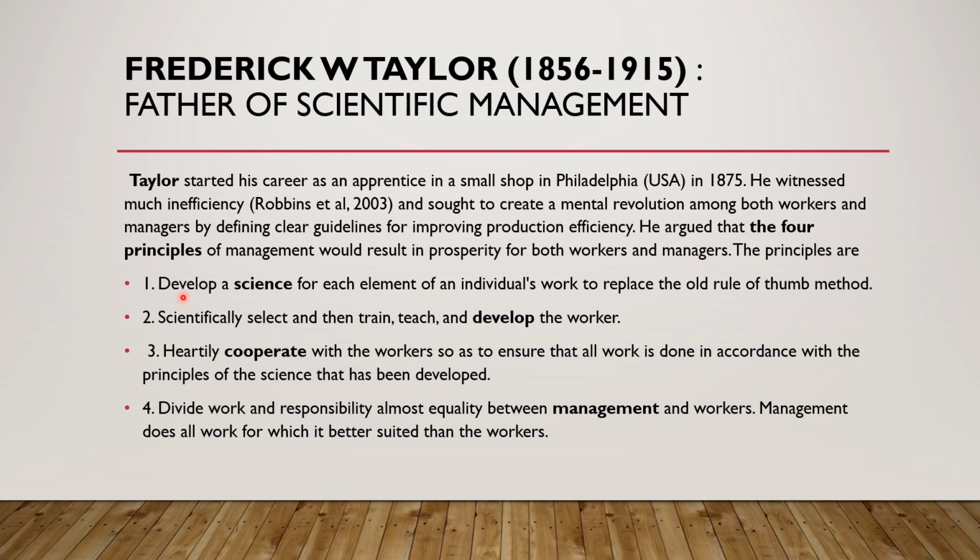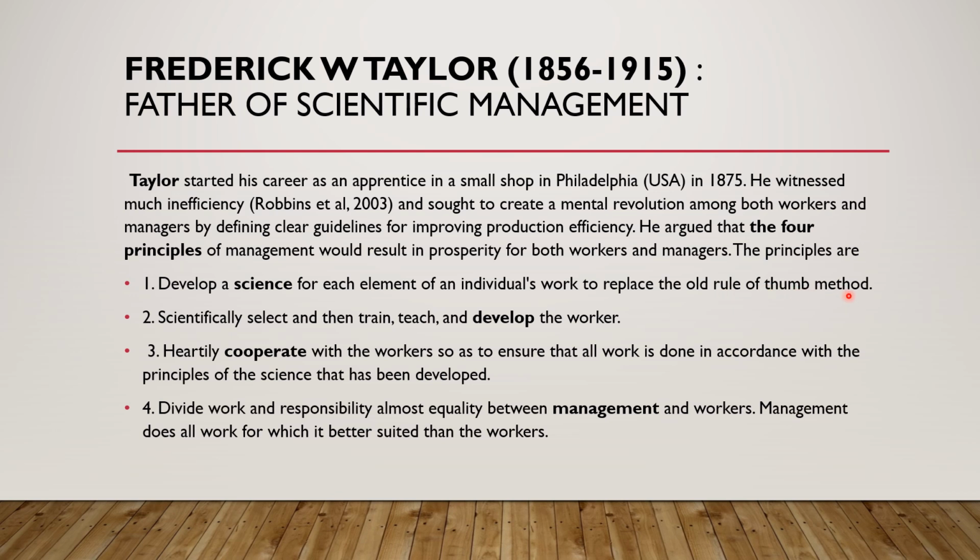The first was to develop a science. He said that everyone is doing whatever they want to do, but there is one best way of doing it. That means there is one scientific way of doing it. Hence, for each element of an individual's work, let us replace the old rule of thumb method.